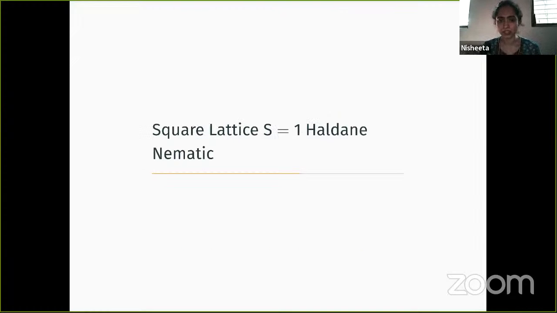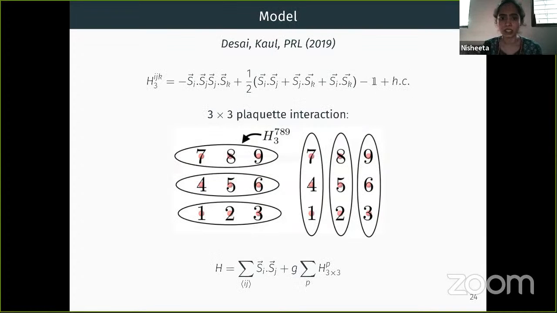The first application is getting the spin 1 Haldane nematic phase. So this is our H3 IJK interaction that I introduced earlier. We constructed a plaquette model where we take this 3-spin interaction, take a product on 3 rows, and add that to a product on 3 columns.